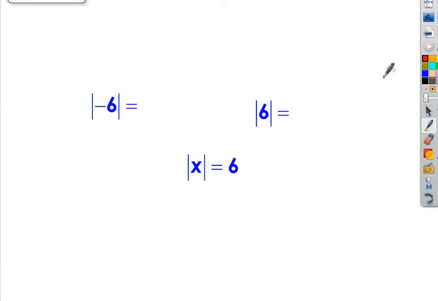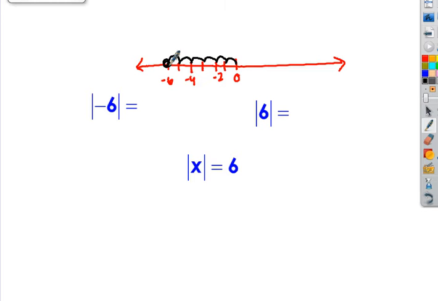Okay, so thinking of that again, if I talked about -6, well, how far away is -6 from 0 on the number line? It would be right here. So if I counted, it would be 1, 2, 3, 4, 5, 6 spaces away.